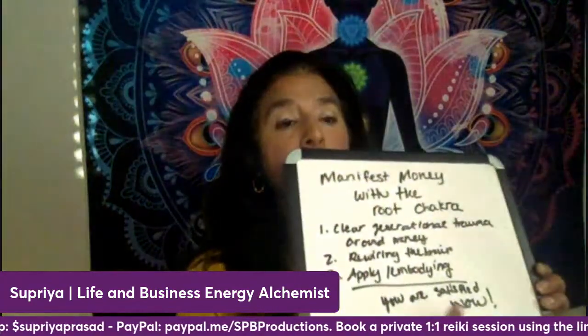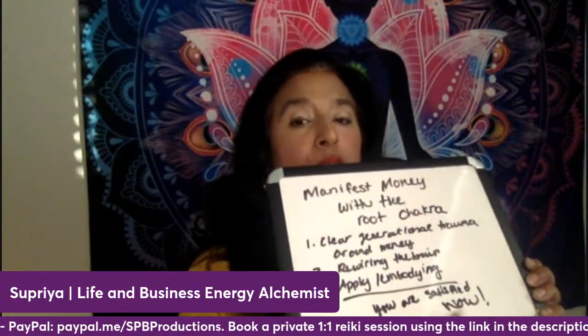So this is how you manifest with the root chakra. Clear generational trauma around money, rewire the brain, apply and embody. If you want to manifest $100,000 into your bank account right now, you need to be satisfied right now. I know there is somebody here that says, "Hey, I'm homeless." I understand you can't be satisfied with your life when you're living out of your car.